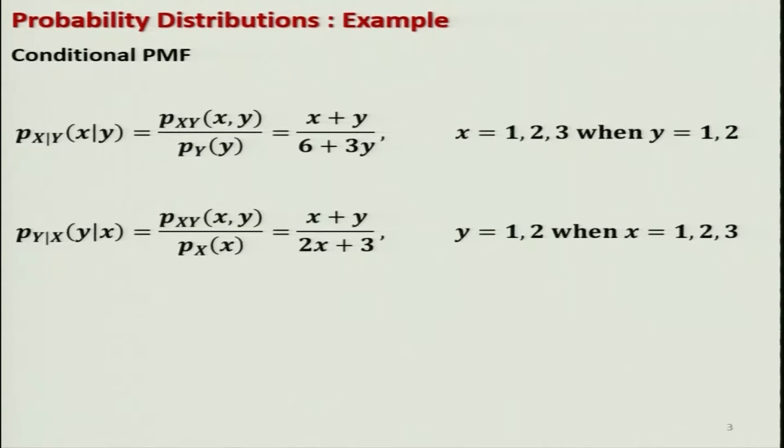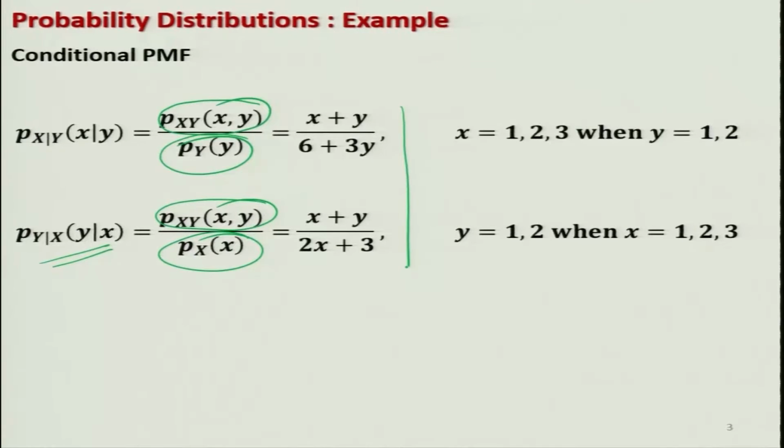And now from here we can also find the conditional probability mass function, which you can see is just the joint probability mass function divided by the marginal of y, and similarly the conditional probability mass function of y given x is the joint probability mass function divided by the marginal of x, and these values can be obtained like this without any problem, right.